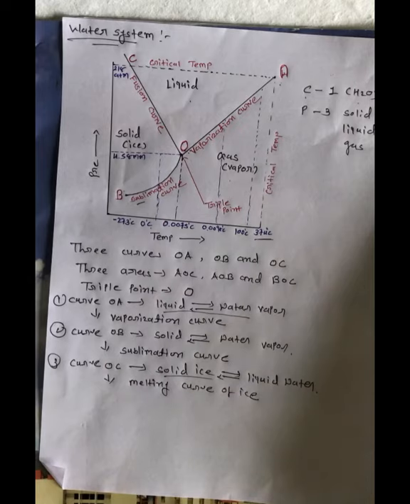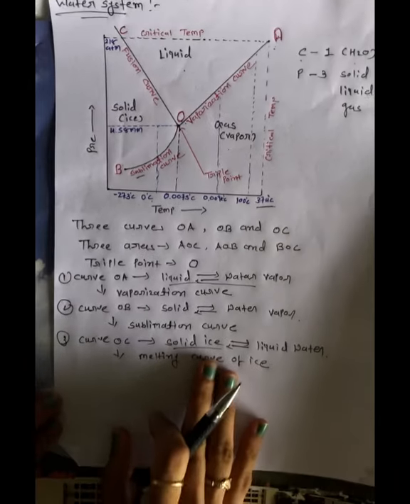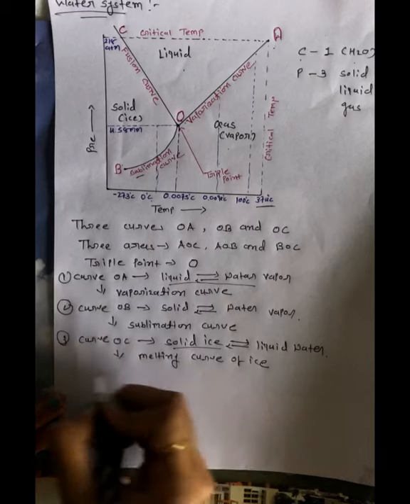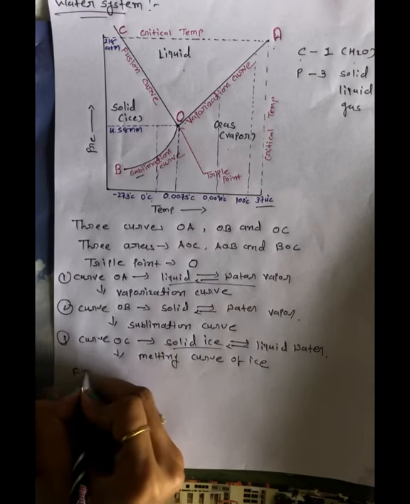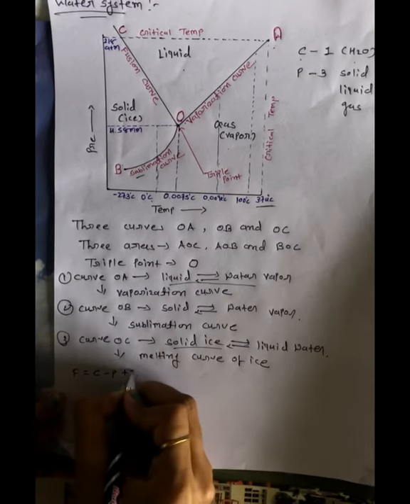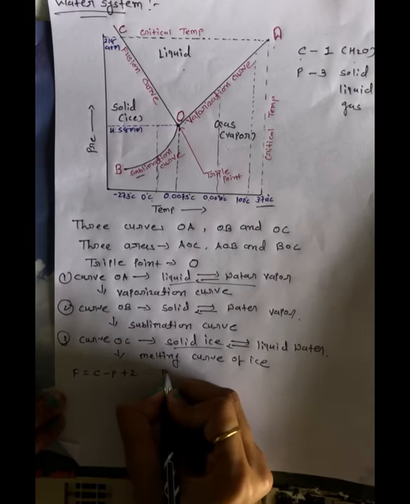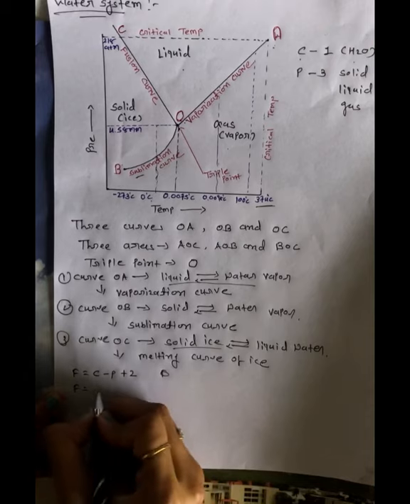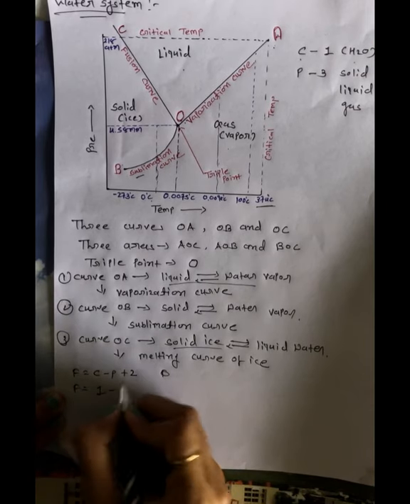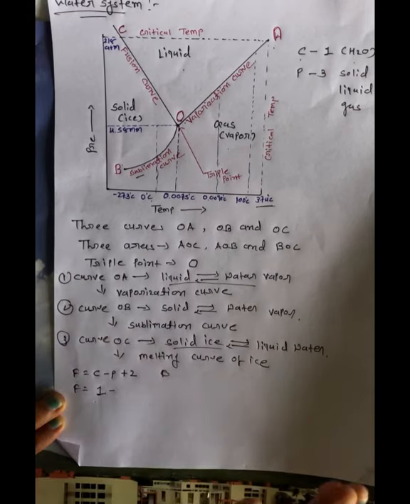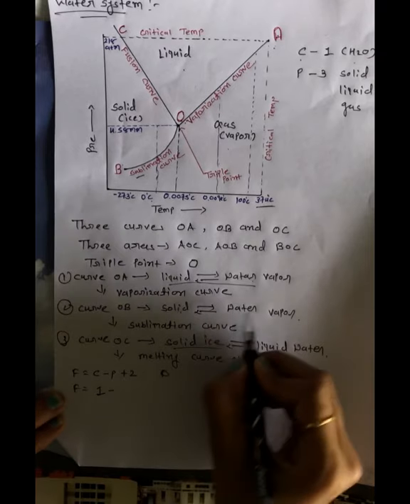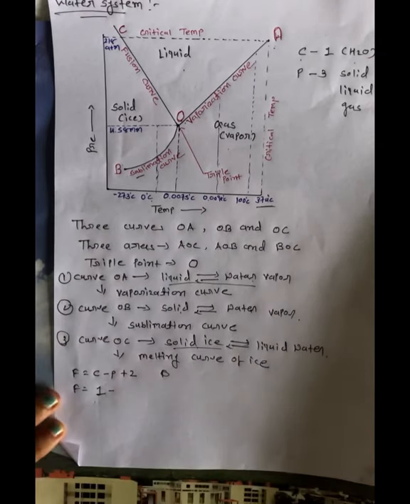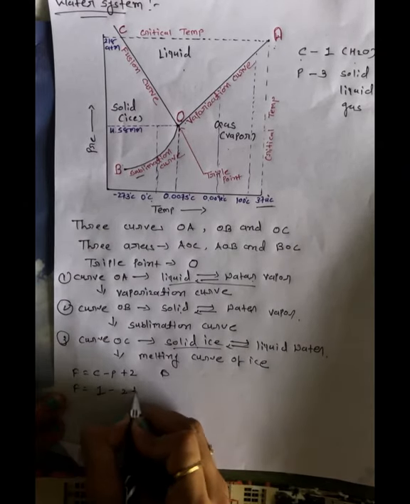So now what is the degree of freedom of these three curves? F is equal to C minus P plus 2. Here F is equal to, one component system, right? Minus phases, how many are there? Two: liquid water, solid ice. Here 2 phases, so this is 1 minus 2 plus 2.